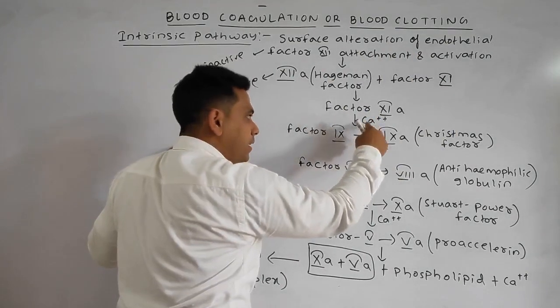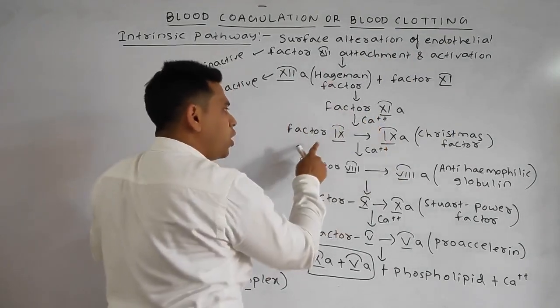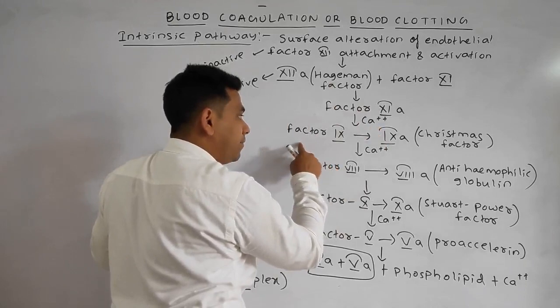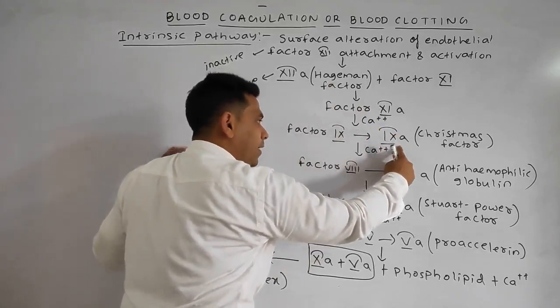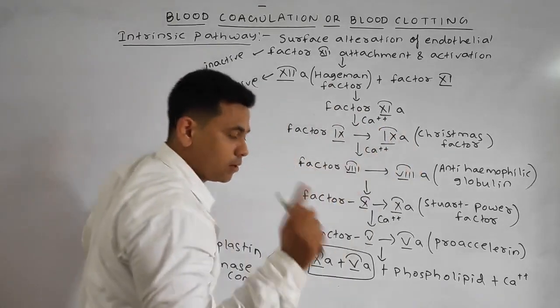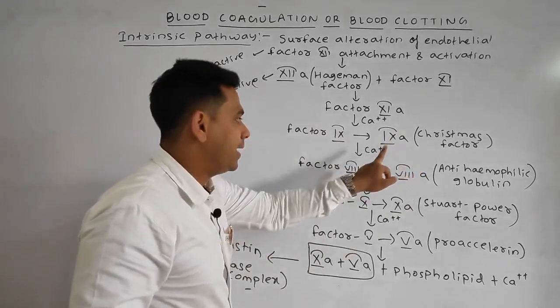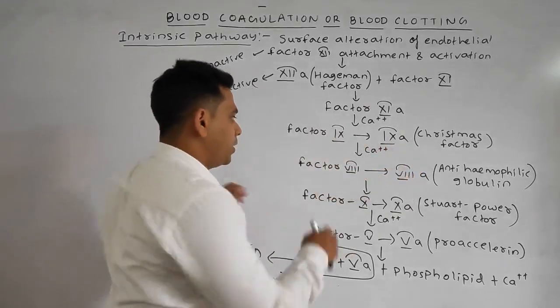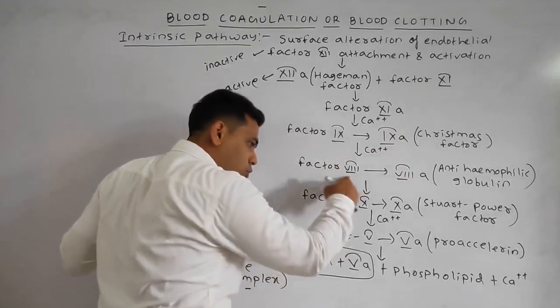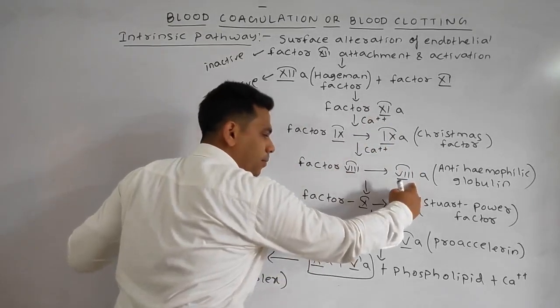Activated factor number 11, in the presence of calcium, converts the inactivated factor number 9 into activated factor number 9. Remember, this activated factor number 9, in the presence of calcium, combines with inactivated factor number 8 to convert it into activated factor number 8.